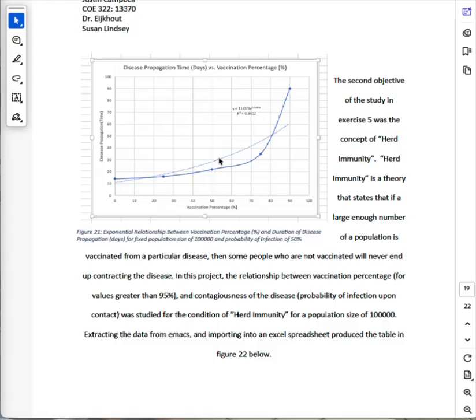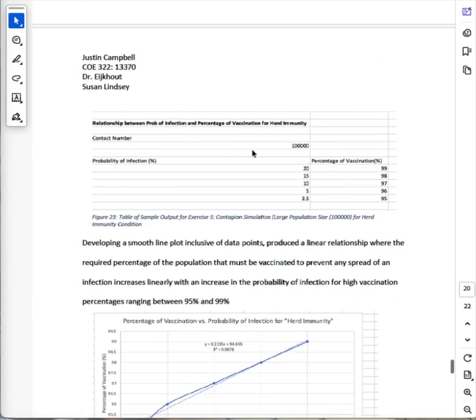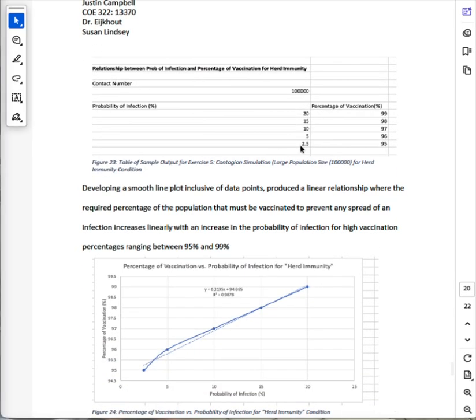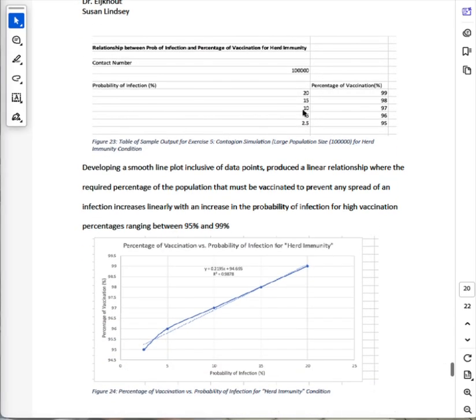Now, for the most realistic simulation type considered, Simulation Type 5, the relationship between vaccination percentage for values greater than 95% and contagiousness of the disease, or probability of infection upon contact, was studied to satisfy the condition of herd immunity for a population size of 100,000. Again, herd immunity is the condition upon which there are members of a healthy and non-vaccinated population that escape being infected.